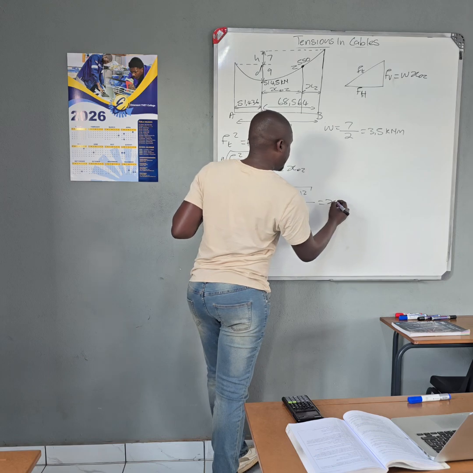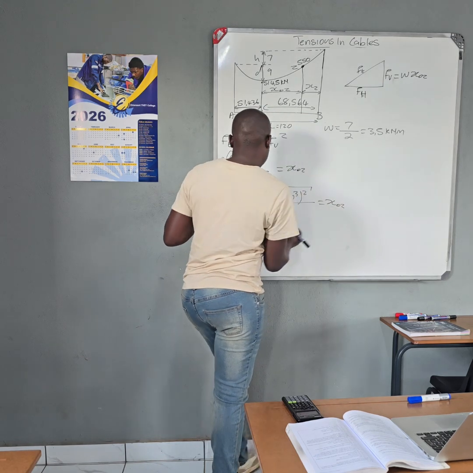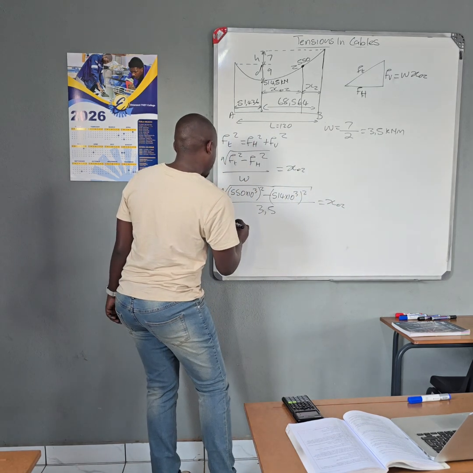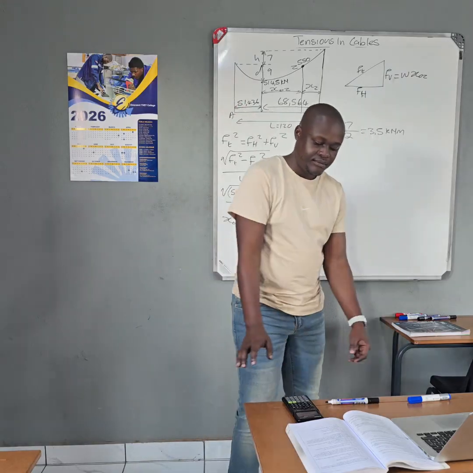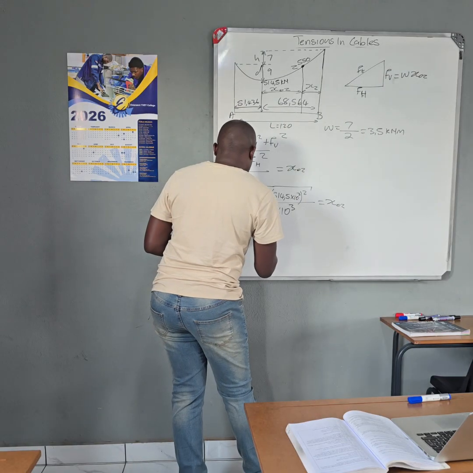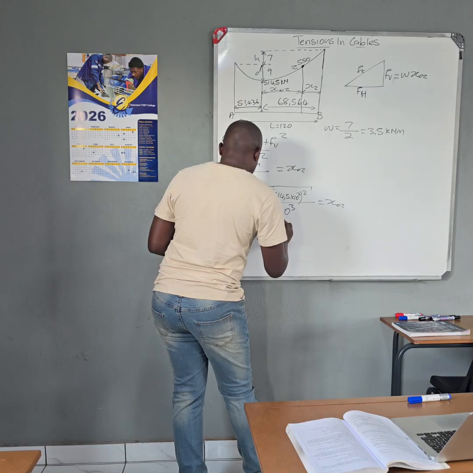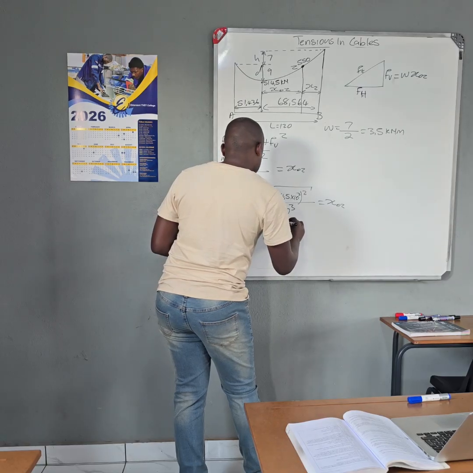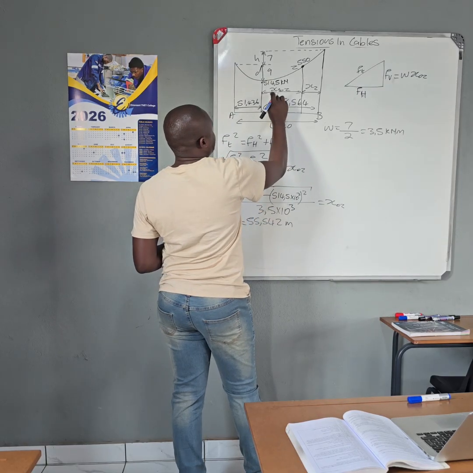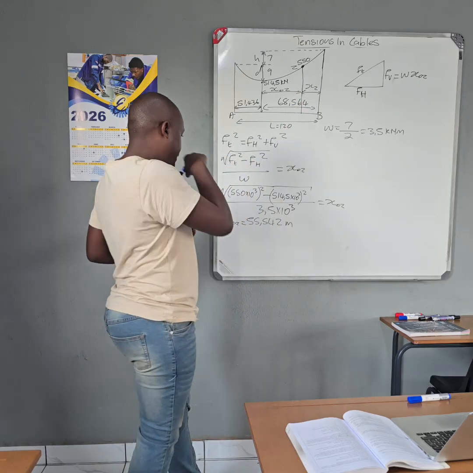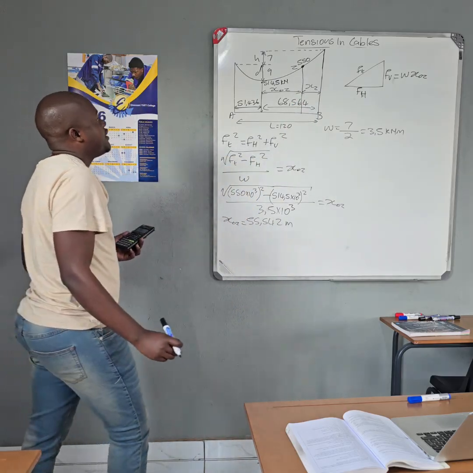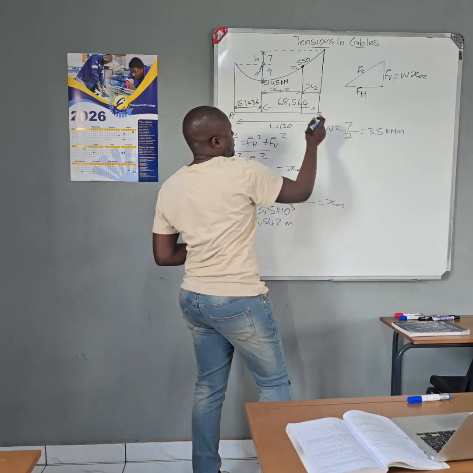This is going to be equal to XOZ. Then we find XOZ to be equal to 55,542 meters. This distance from here to there is 55,542.